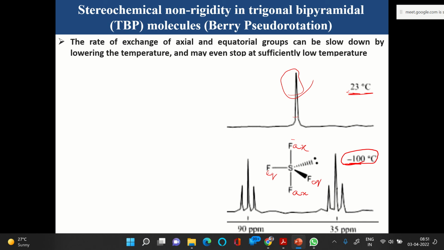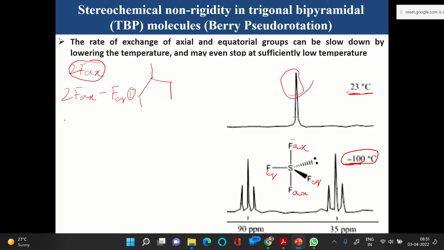So the two axial fluorines have the same Larmor frequency and appear at the same position. Now they will interact one by one with the equatorial fluorine number one, so they will be split in two.